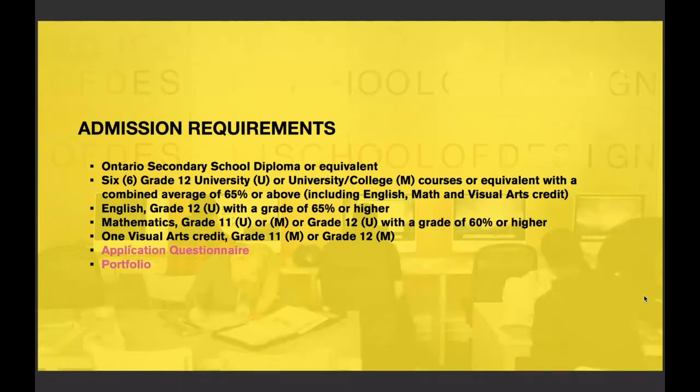You do have to have a math credit, visual art credit, which we're pretty flexible about, so I'm guessing I may have some questions about that, but generally if there's some aspect of visual arts, even if it's not a fine arts course, we're usually accepting that as a requirement. There is a questionnaire that you have to fill out, just asking you why you're interested in digital experience design, an opportunity for us to get a sense of your interest and also your writing ability.